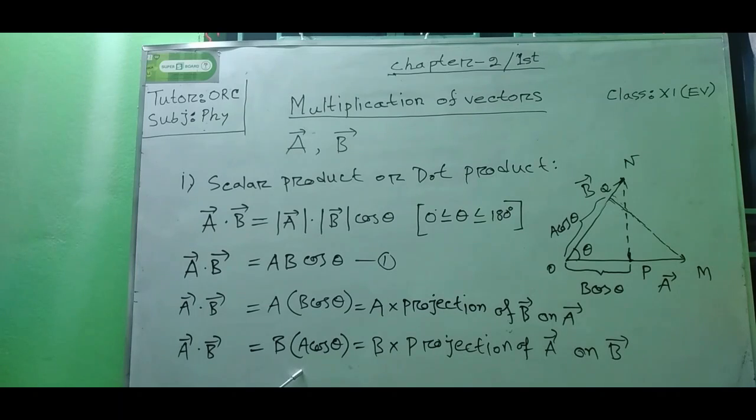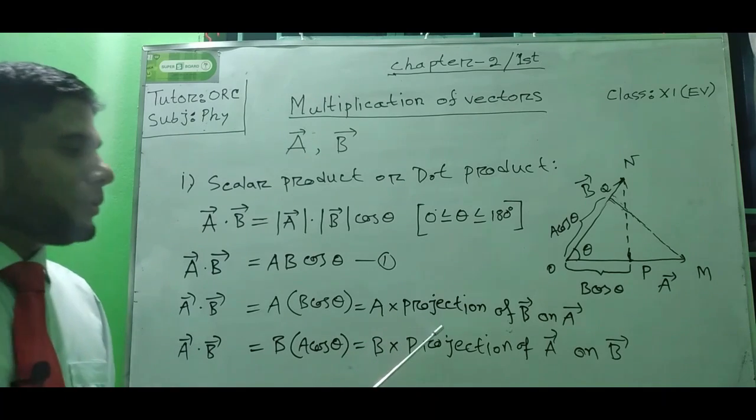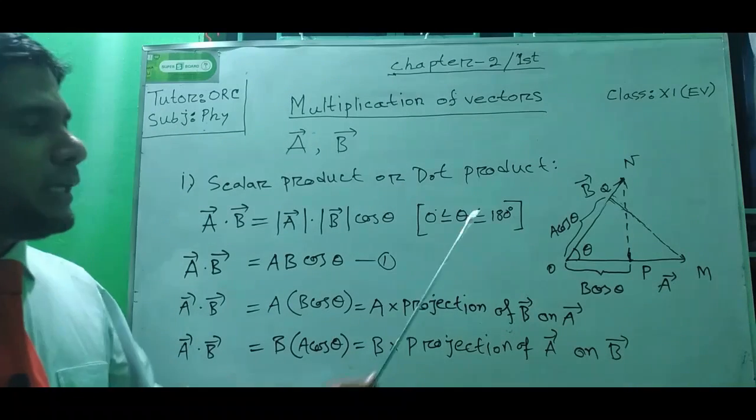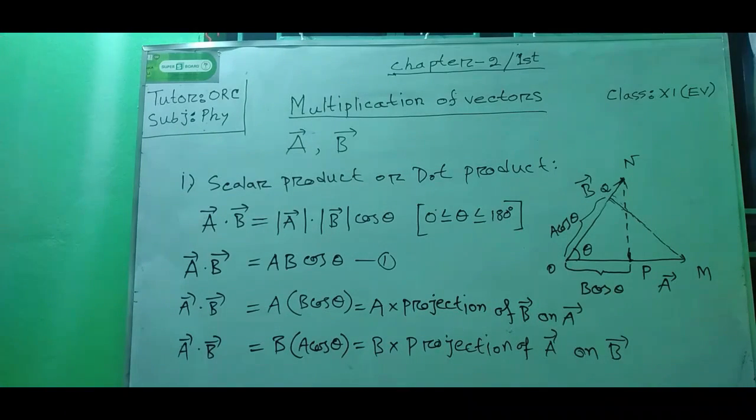And after showing the projection of one vector on another vector, he or she will finish the answer as an understanding-based type question answer, which consists of 2 marks.